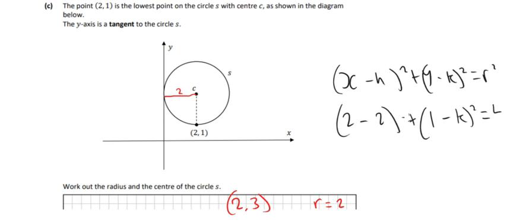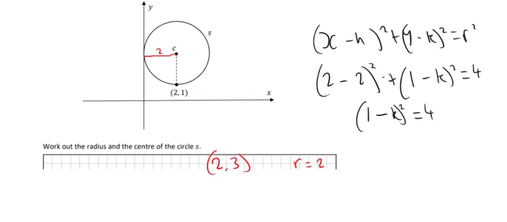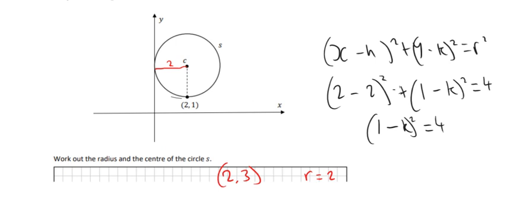You put in that the radius is 2, squared is 4, and then 2 minus 2 squared, that's just 0, so you get 1 minus k squared is equal to 4. That's what I was doing initially, and so you have to square out the brackets then, and then you have to solve it at the end. But it's easier if you can just see it on the diagram. So that's it.